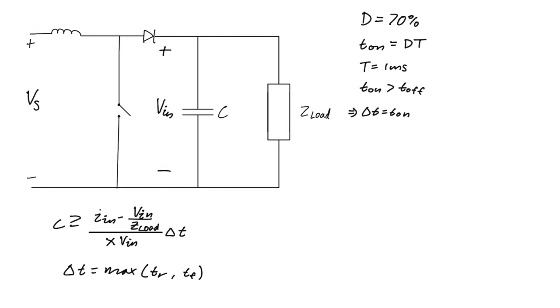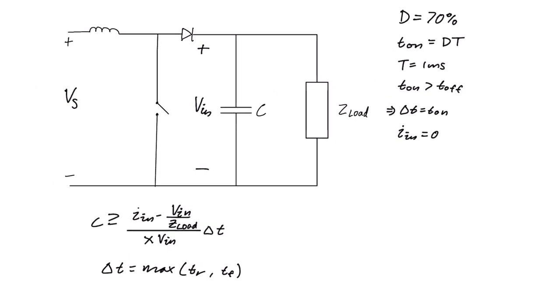This means that, okay? So when T is on, there will go no current through the diode because this circuit here is short circuited because we closed that switch. So this means that I in equals 0.